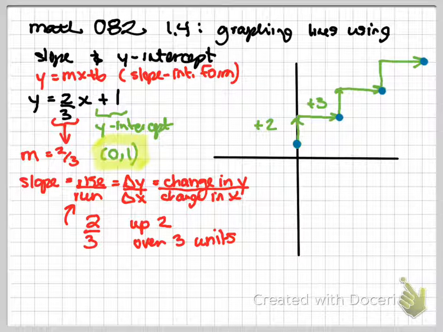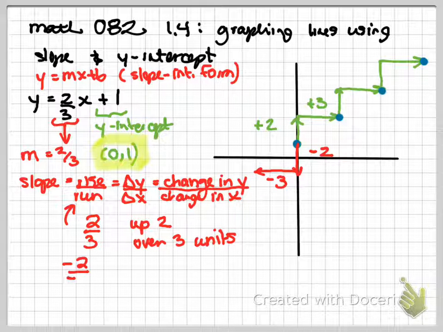What I would do is go down 2 units, and then go left. If that puzzles you, as far as signs are concerned, try to remember that -2 divided by -3 is the same as +2 over +3, because remember, these negative signs would cancel out.